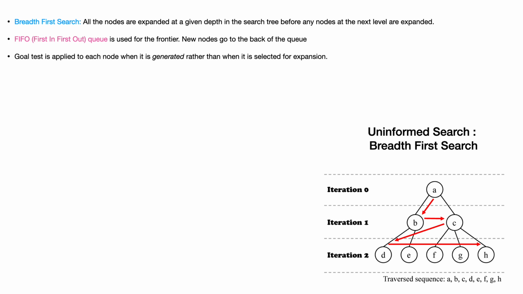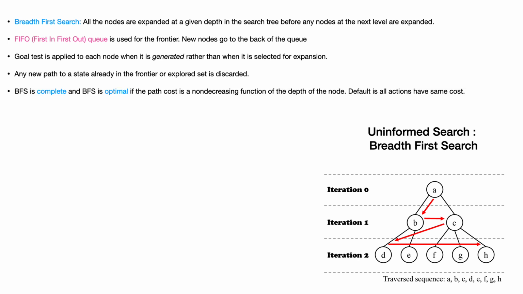Once a child node has been generated, in breadth first search we immediately test whether it is a goal node or not. Whereas in other algorithms like uniform cost search we should not do it. The reasons will be explained there. Once the child node is a goal node, we stop the search, because breadth first search guarantees optimality.